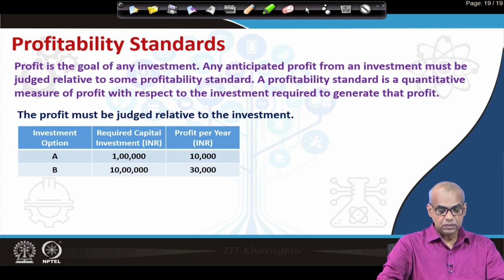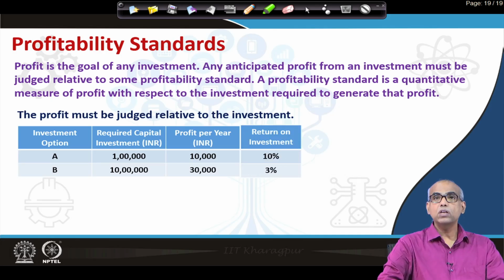While profit for option B in absolute terms is higher, it is 30,000 rupees, but what about return on investment?